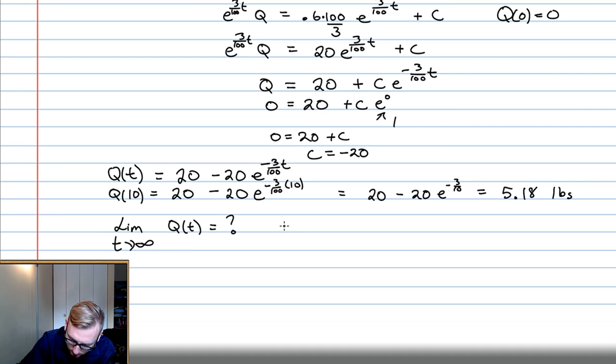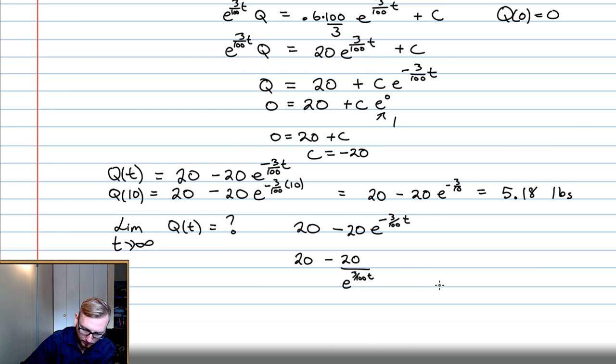Well, let's look at it. So our function is 20 minus 20 e to the negative 3 over 100 t, right? If t goes to infinity, this is the same as saying 20 minus 20 over e to the 3 over 100 t, right?